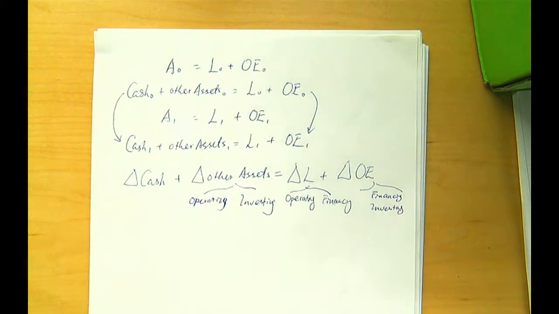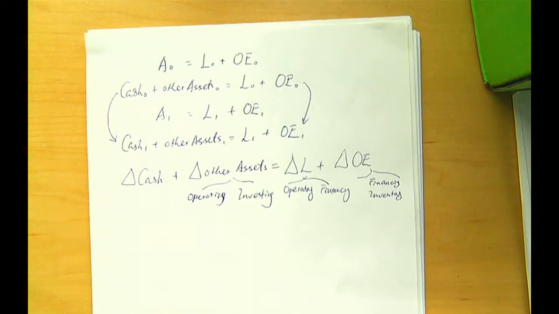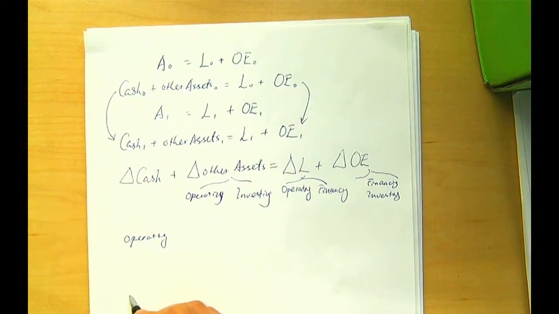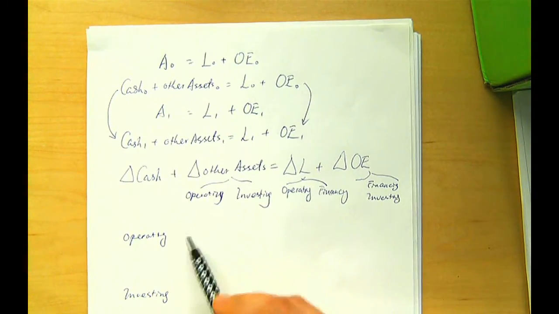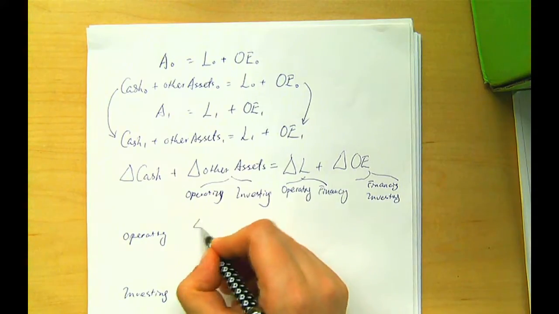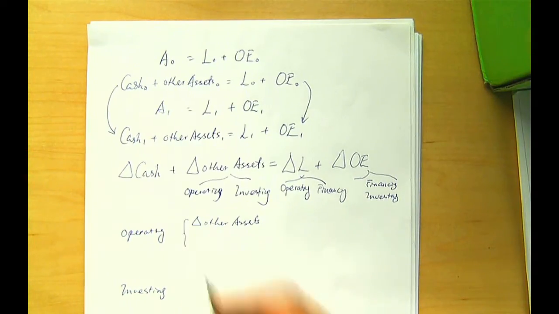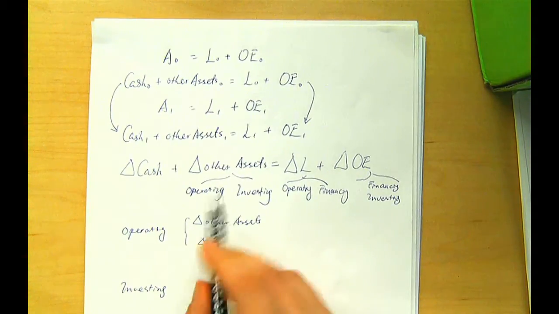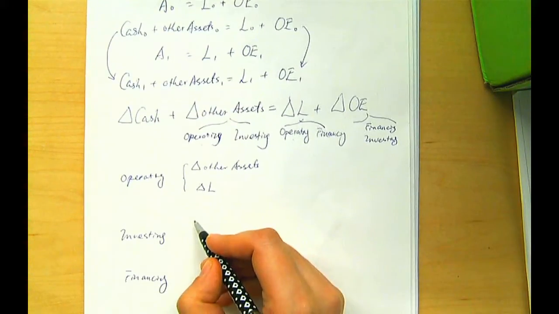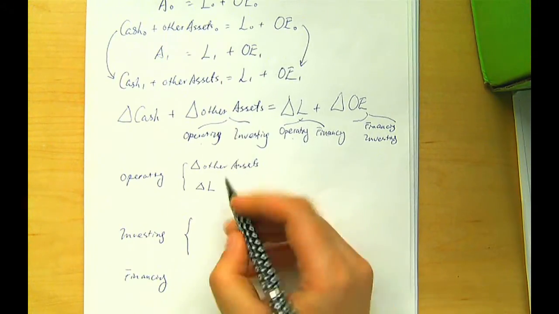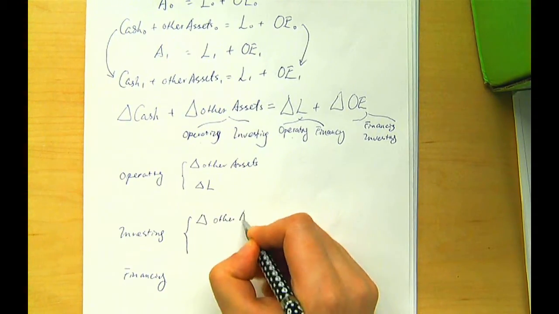right? So to prepare the direct method, we need to categorize the cash flow from 3 perspectives. Financing. Okay. So to look at operating activities, we need to look at changes in other assets and changes in liabilities, right? To look at investing activities, we need to look at changes in other assets.